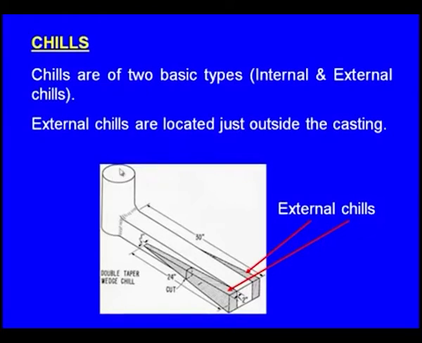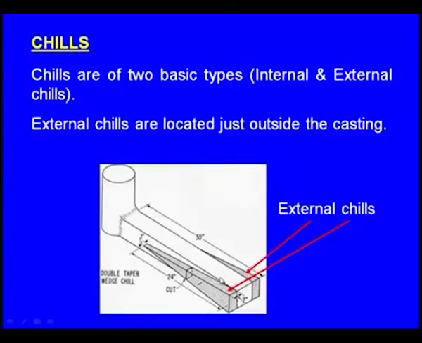And here we can see this is the casting, yes, this is the riser, and the sprue will be somewhere here. Now, the rule is that the section which is away from the riser must solidify first, then the solidification should propagate towards the riser.